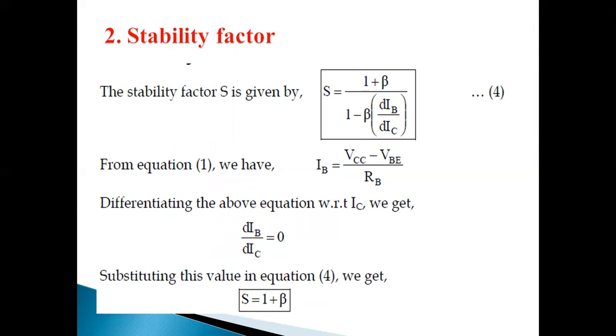VCC minus VB by RB, no? So differentiating the above equation with respect to IC, we get dIB by dIC equals 0, since the entire value is constant. Substituting this value in equation 4, we substitute dIB by dIC as 0. This term will become 0, and then S becomes 1 plus beta.